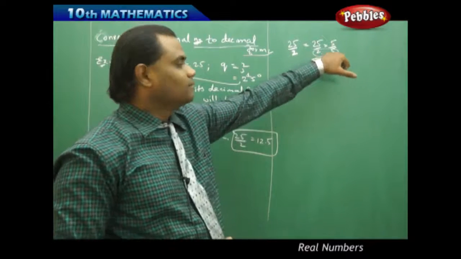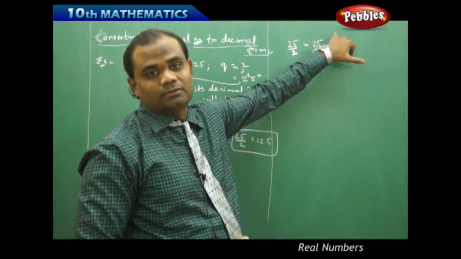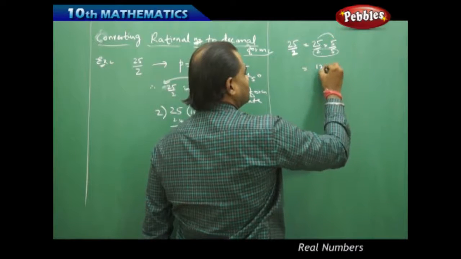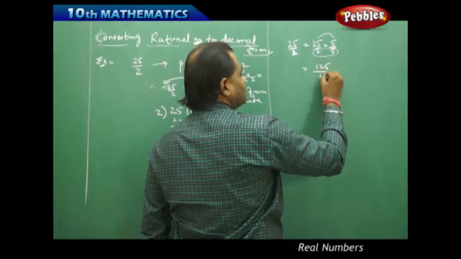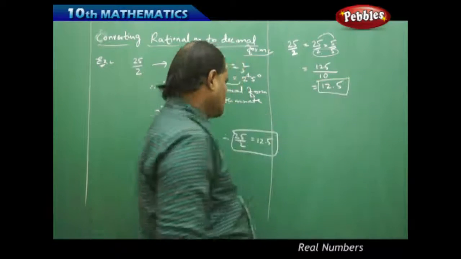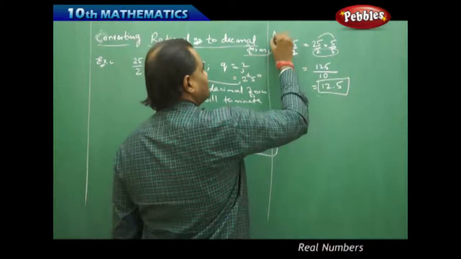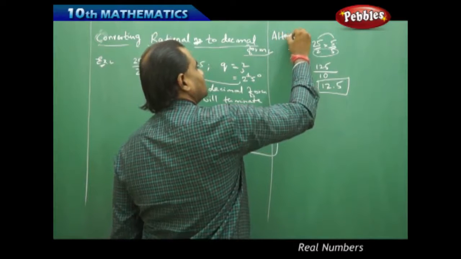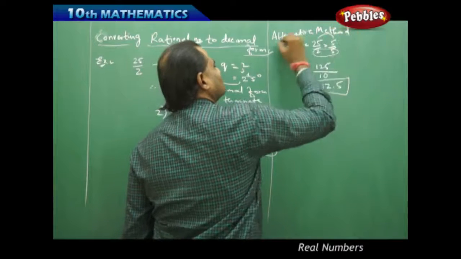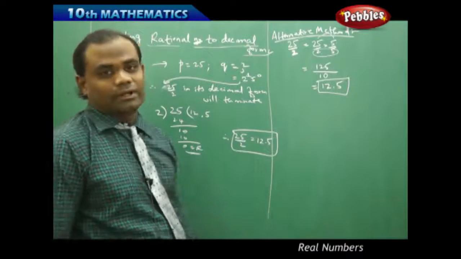Therefore, I multiply 5 to the denominator and equally to the numerator, so that I get 25 times 5 is 125 and 2 times 5 is 10, and this would give me 12.5 as the answer. This is the other way of finding the decimal value, the alternative method.